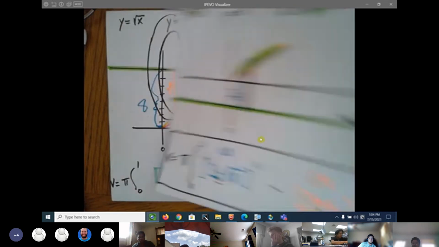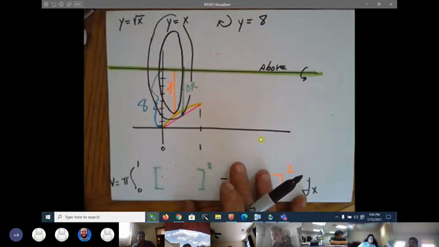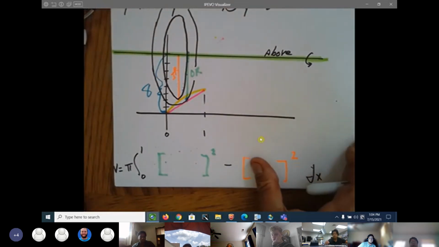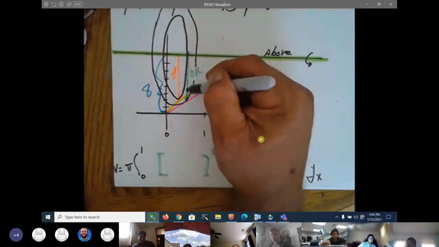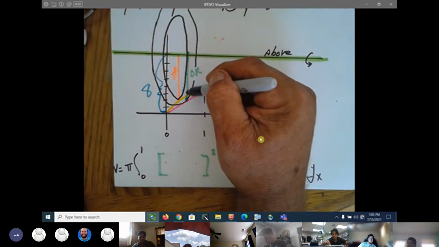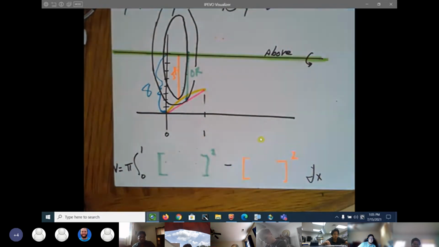So somebody tell me, what is this one going to be? Somebody give me the outer diameter, looking at the green line right here. Tell me what the outside diameter is. 8 minus square root of x. Good job. 8 minus the square root of x. So go ahead and write that down. I mean 8 minus x, sorry. Remember, the pink is x.